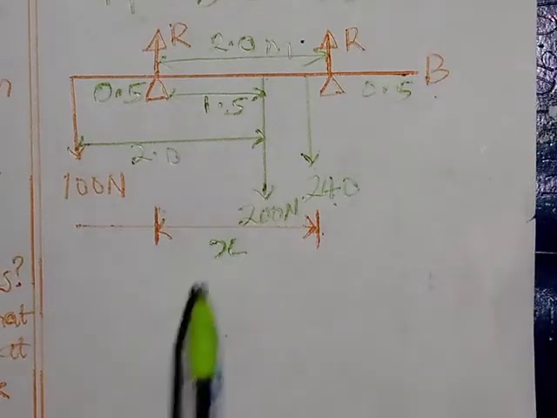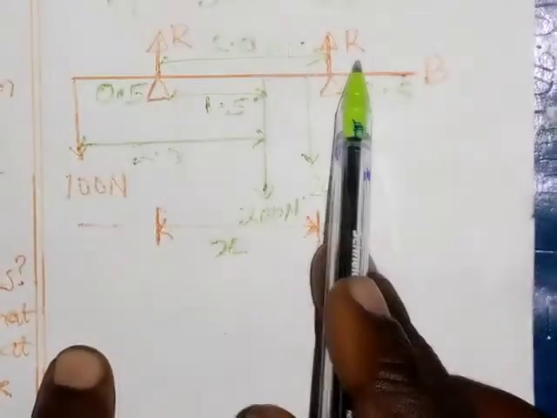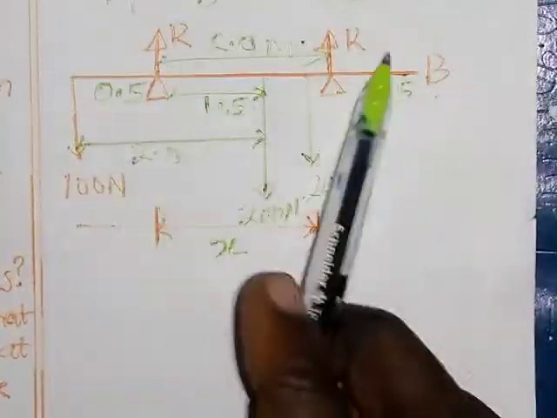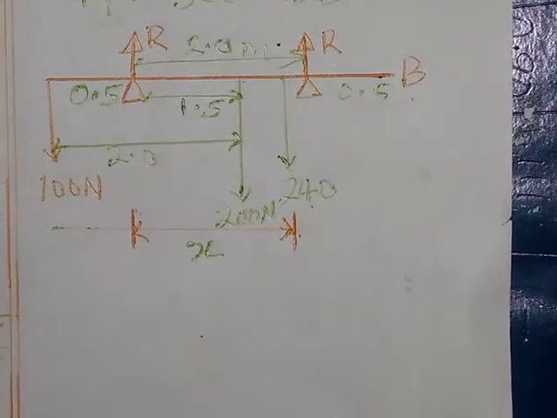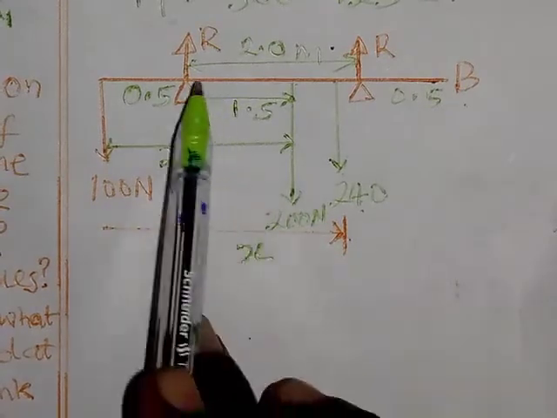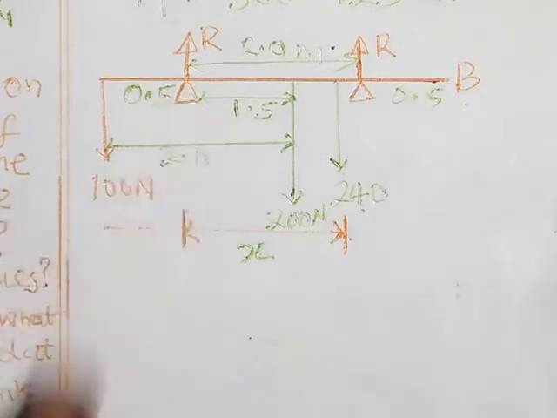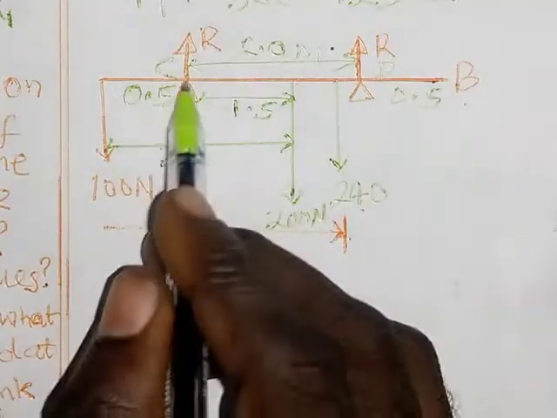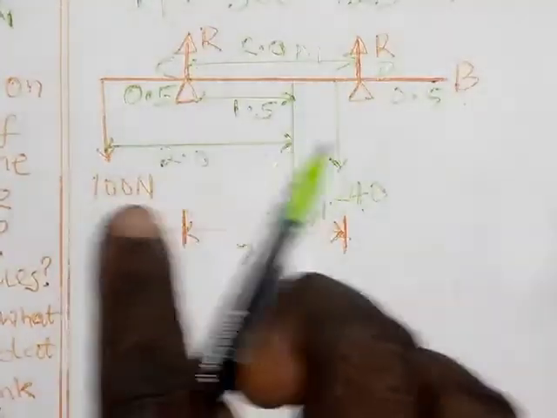S. Now you can see that here I wrote arrow and arrow, not R1 and R2, because they said they are not equal. So since they are equal, I denoted them by just arrow. So the next thing we have to do is take moment again. I'm going to take moment about point C. So taking moment about C, the upward forces must be equal to the downward.